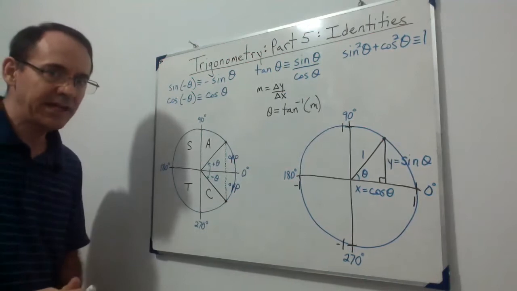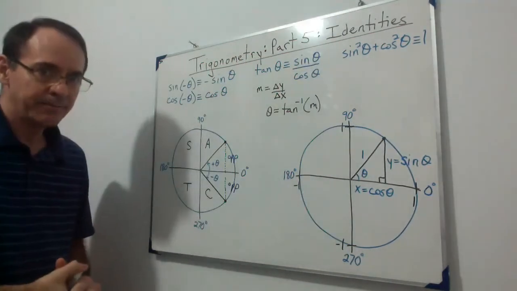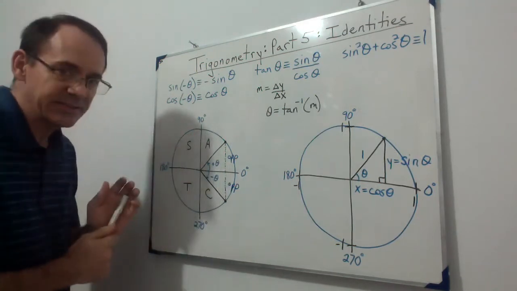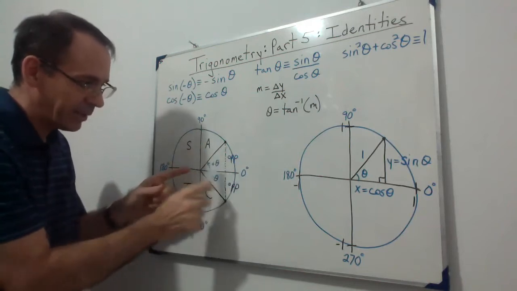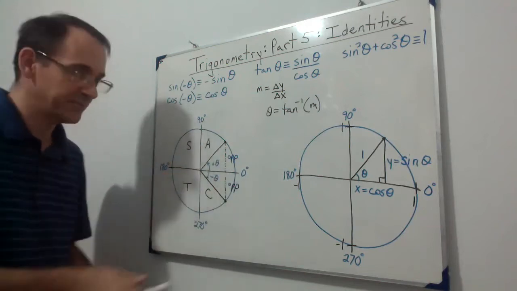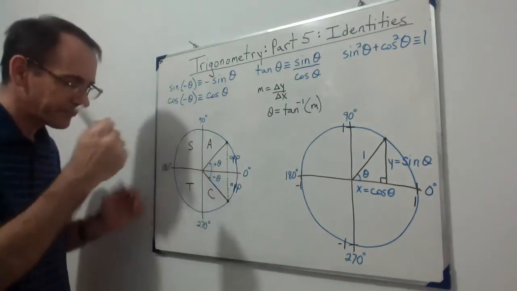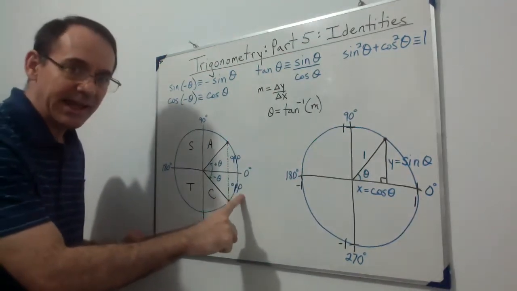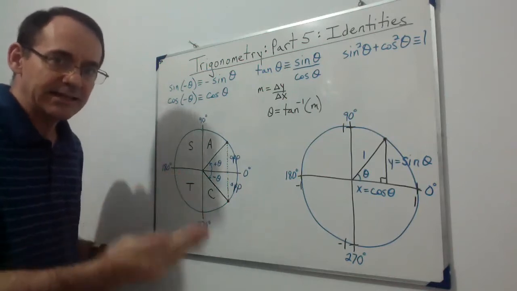So what about tangent? Well, if you're dividing sine by cosine, and you divide a positive by a positive in the first quadrant, positive sine by positive cosine, you still get positive. Tangent will be positive. All are positive in the first quadrant. In the fourth quadrant, the opposite is negative. Negative divided by positive is negative.